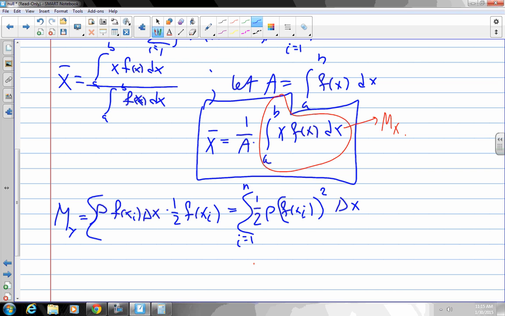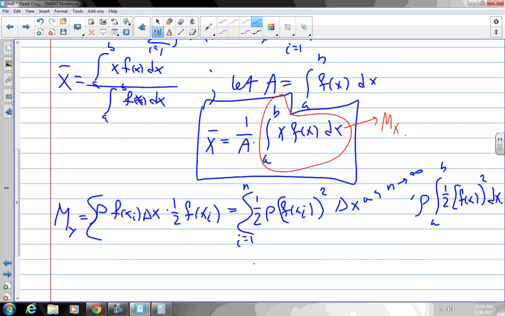As n goes to infinity, we'll end up with an integral. Again, the rho comes out. Let's keep the 1/2 in there for now. So it's 1/2 the function squared dx.